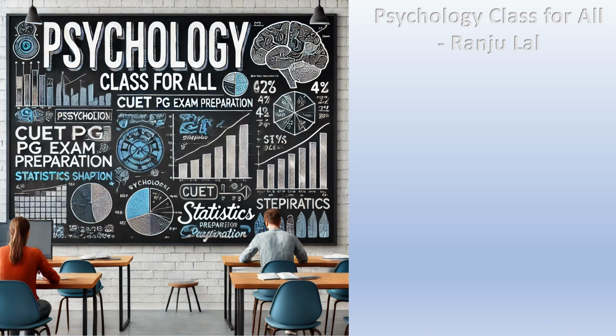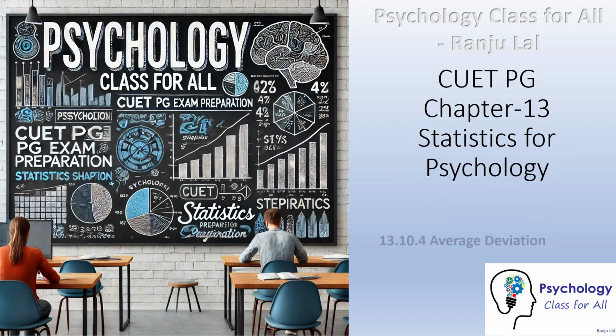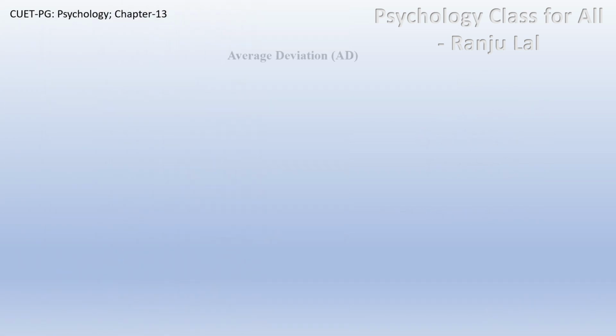Today I will discuss average deviation in psychology, a simple measure of spread. Have you ever wondered, do all your students score close to the average, or do some score too high or too low?